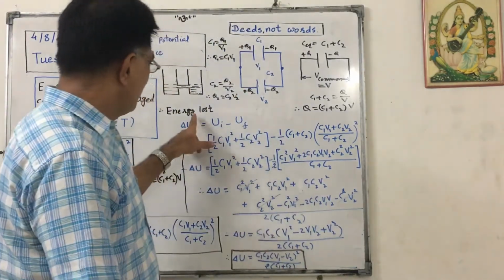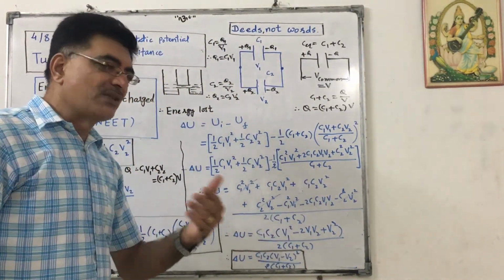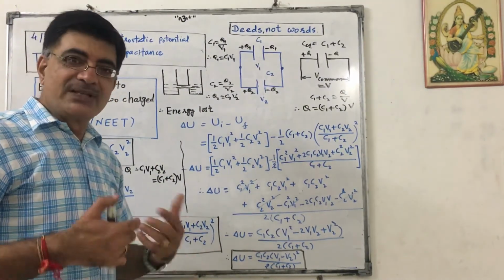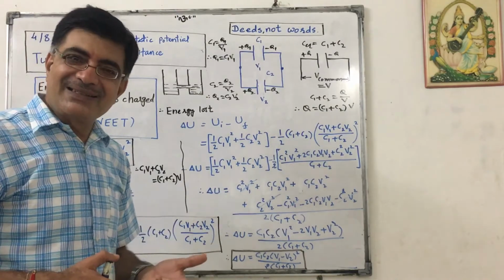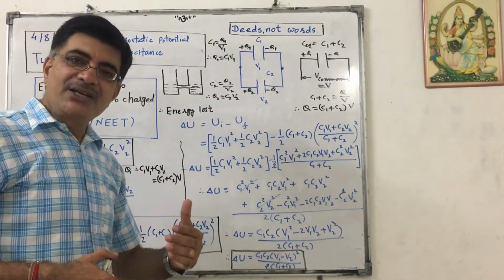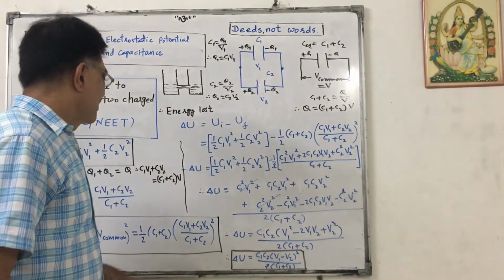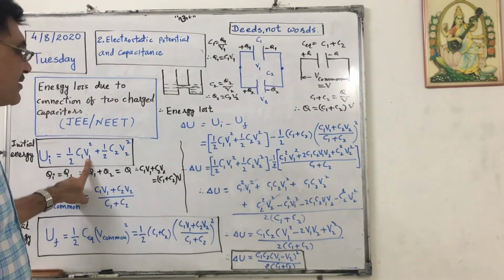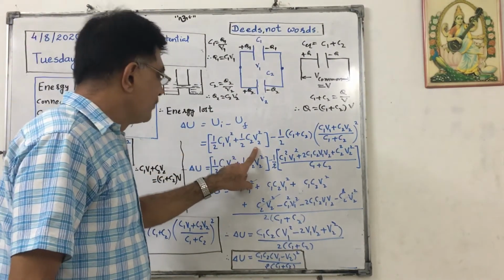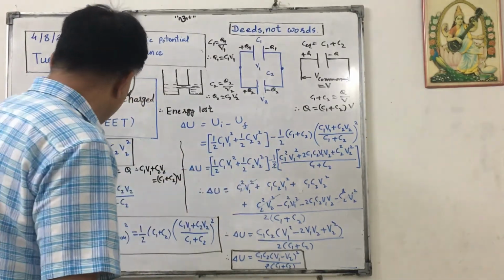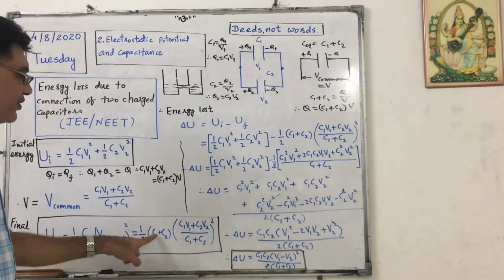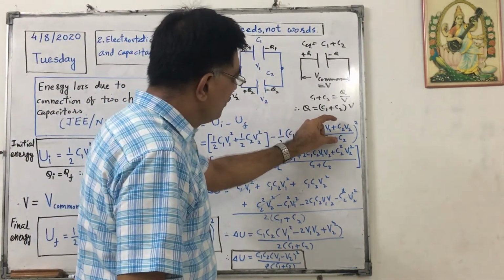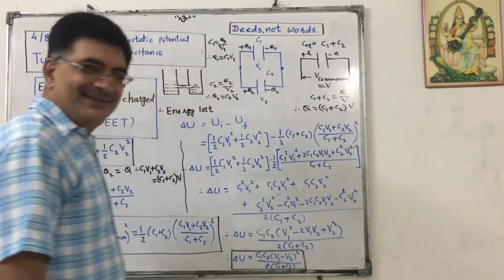So energy lost equals initial energy minus final energy, because as we say it is lost, the initial value is more and the final value is less. So Ui minus Uf. Now Ui equals 1 by 2 C1 V1 square plus 1 by 2 C2 V2 square, minus Uf, that is 1 by 2 (C1 plus C2) into (C1 V1 plus C2 V2 upon C1 plus C2) whole square.